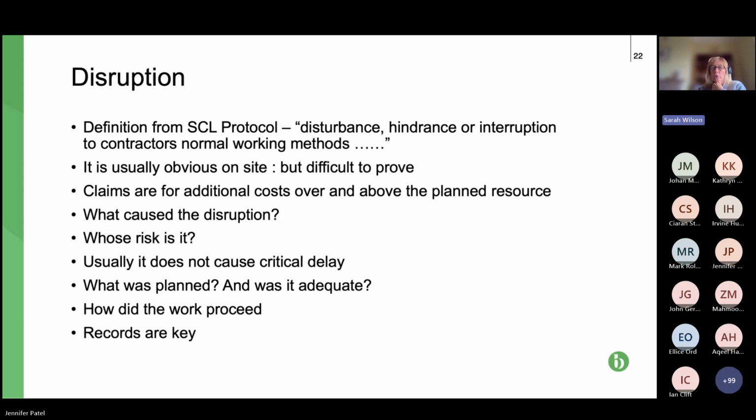So you're looking at what caused the disruption, because if the contractors caused their own disruption, as opposed to critical delay, it's their cost to sort it out. Whose risk is it? The point we've looked at. It usually doesn't cause critical delay, which is why it's often difficult. Whether a party has suffered disruption is often almost a matter of common sense, explaining what happened, why there was the disruption and what you had to do to deal with it.